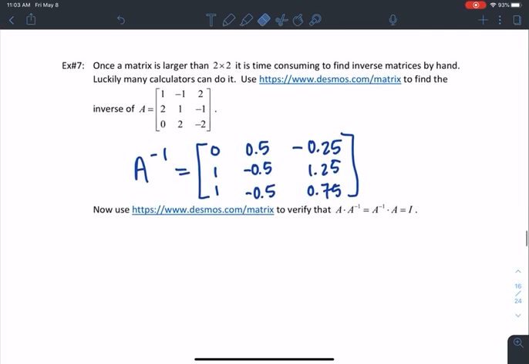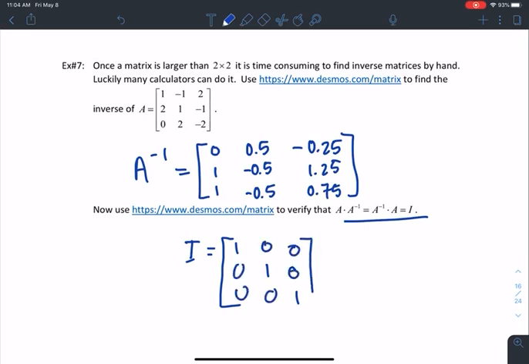And then we're just going to verify that in both directions of multiplication, we get the identity. So the identity for a 3x3, we have 1s along the diagonal, 0s everywhere else.